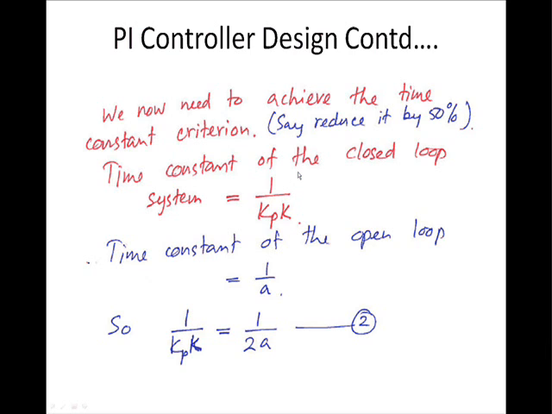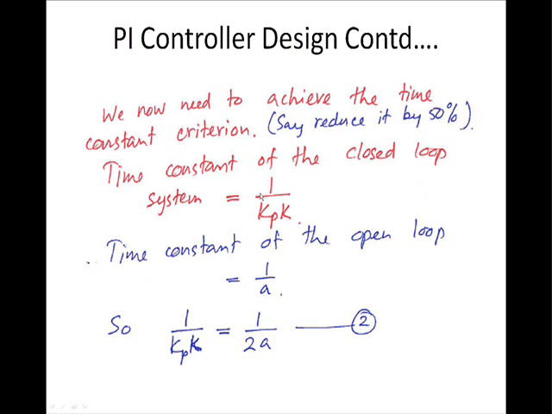Then all we need to do is think about what the other design criterion is going to be. A typical design criterion will be to achieve a specified time constant, say, reduce the open loop time constant by 50%.